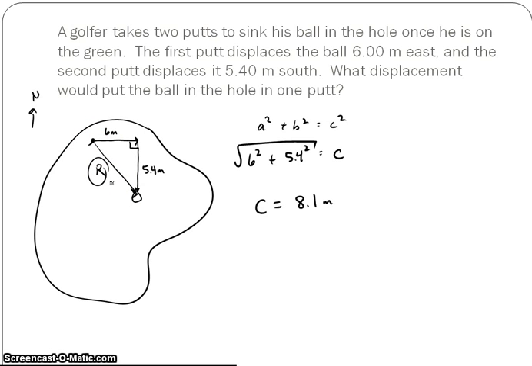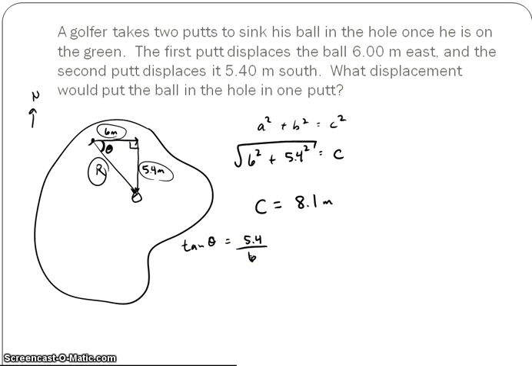We could also ask what angle the putt would have to be taken at. We'd look at this angle and find it. I'm going to do this without using numbers that I calculated, so I'm looking at the side opposite and the side adjacent. That's a tangent function. The tangent of theta is equal to the side opposite, 5.4 meters, divided by the side adjacent, 6 meters.